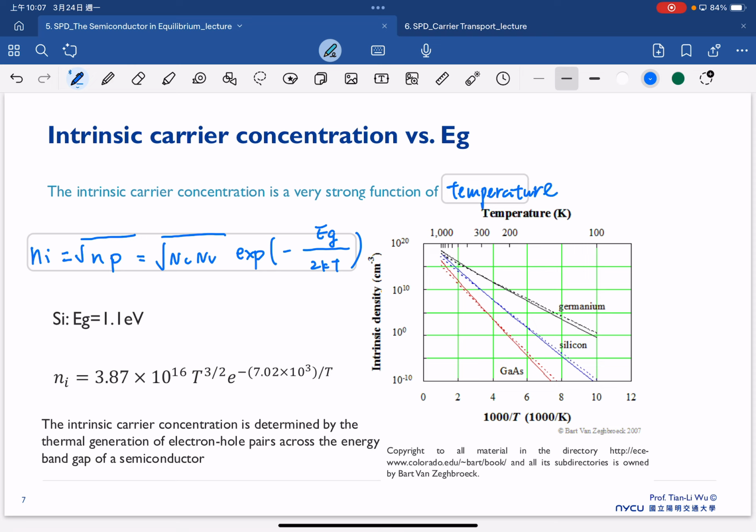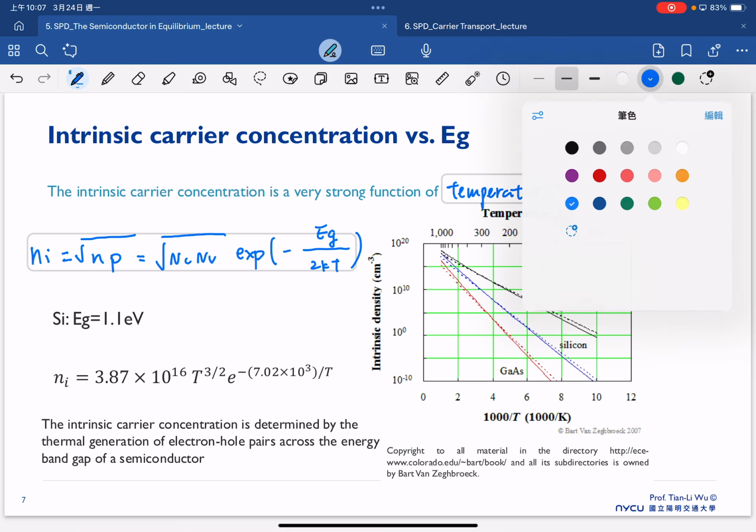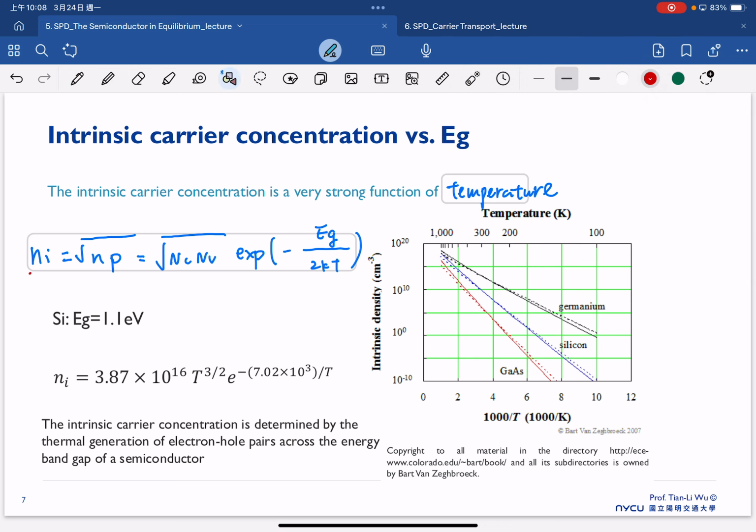So now you can see this is a typical characteristic where we have the y-axis as our intrinsic carrier concentration, and the x-axis is temperature. But normally we prefer to plot it as 1 over T or 1000 over T. This is because if you look at the equation, this is Ni versus T. So that's why it's very common to plot the temperature dependent characteristic.